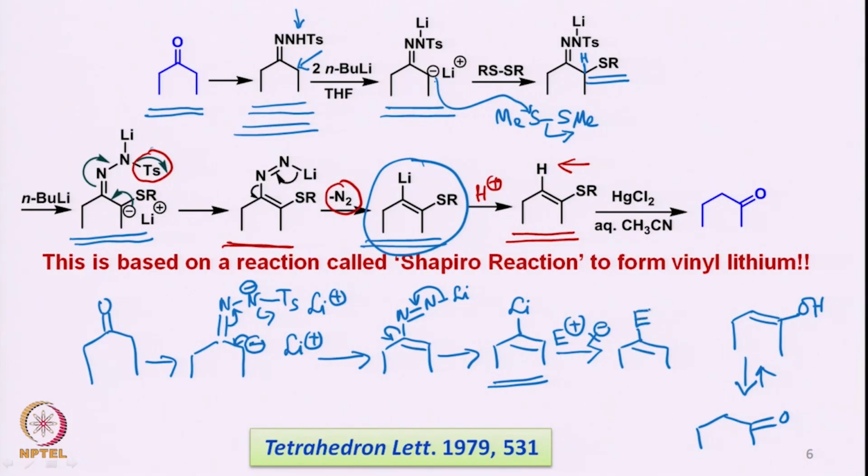So this is what is called Shapiro reaction. So basically the method that I introduced on the top is nothing but an application of the Shapiro reaction for the conversion of one ketone to transpose into the second position.